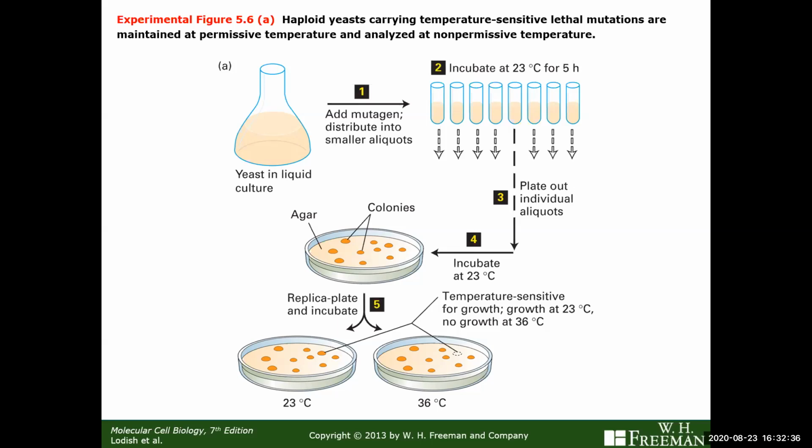Then, it becomes your job, next 3 years, 4 years project, sometimes longer than that, to figure out which gene is mutated in here, and why mutation in this particular gene causes stop of cell division, etc., etc. So this is how a temperature sensitive screen is conducted.